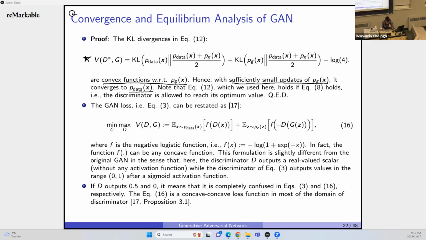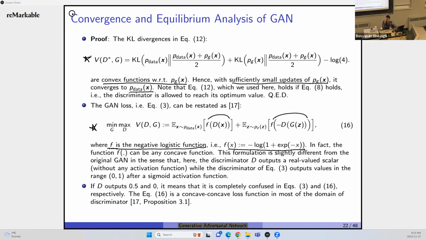Then the GAN loss can be restated as this. Do you agree that we consider F to be a negative logistic function, which is this? I can replace it with this. Yes, you can replace it with anything which is increasing with respect to its input.